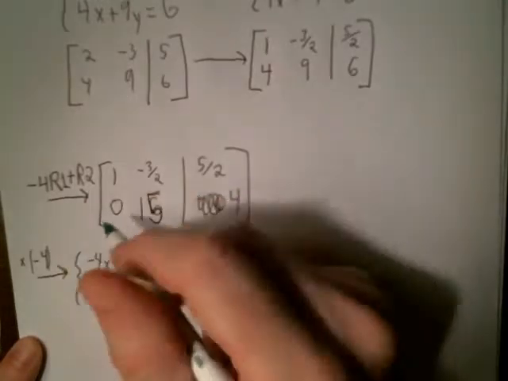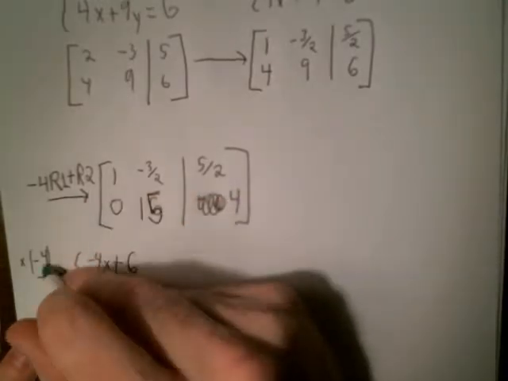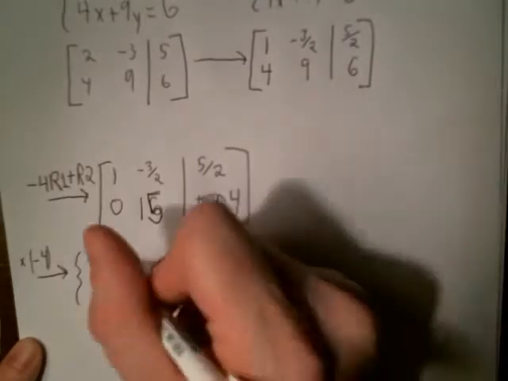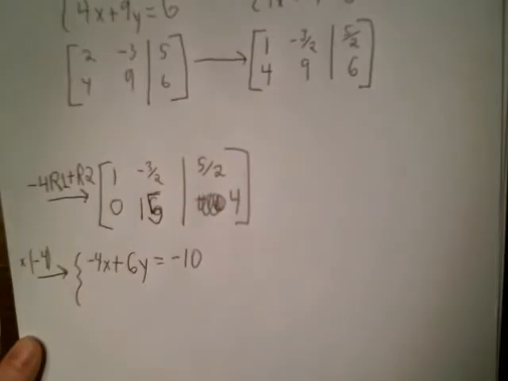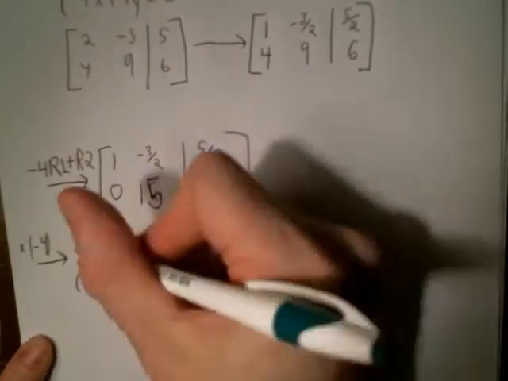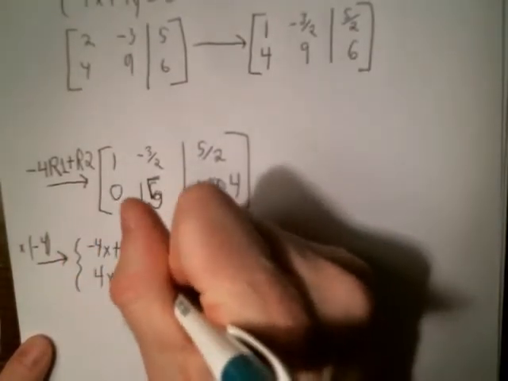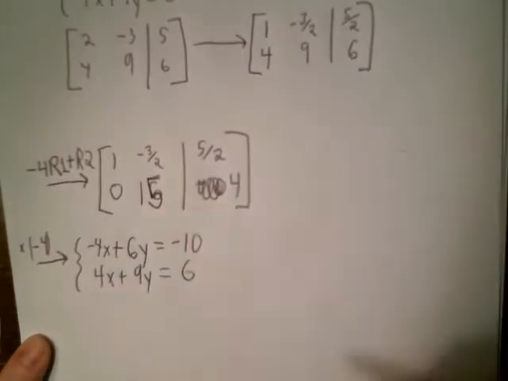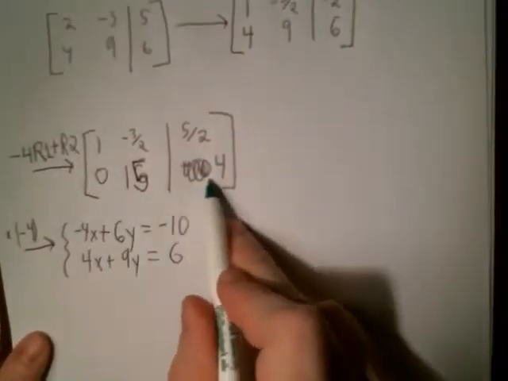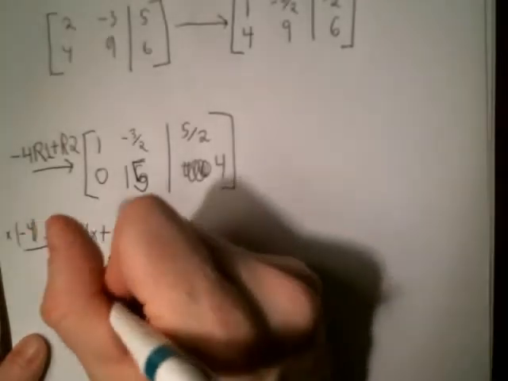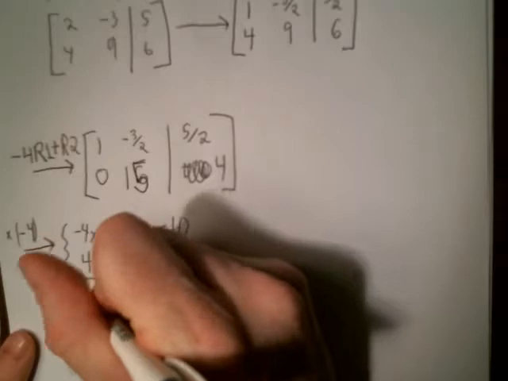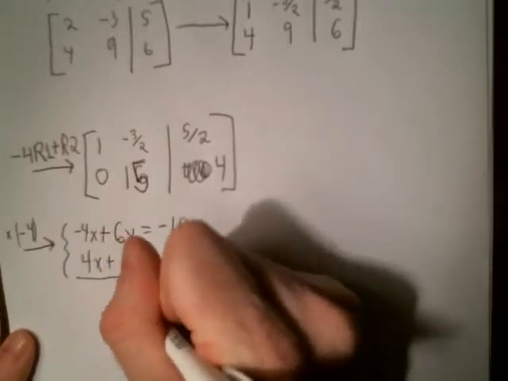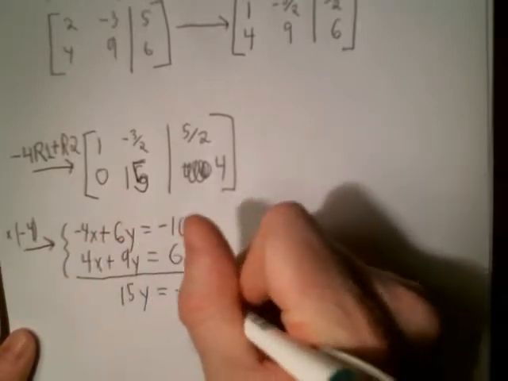I have a 6 here, so negative times negative is positive, and then 2 times 3, 6 y's. And on the other side, we'll have negative 10. And then below, 4x plus 9y equals 6. And what was going here is what happened when I do the addition. So this would be 0, and then 6 plus 9 is 15y, and then over here I get negative 4.